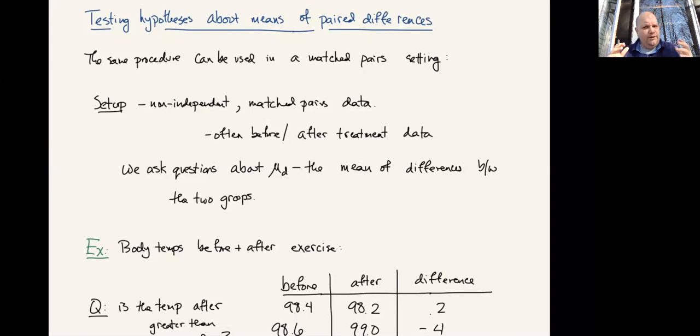All right, so we now have a procedure for doing a hypothesis test about a single population mean. We can use almost the same procedure to do a hypothesis test in a matched pairs setting. So the setup here is that we're dealing with matched pairs data, and often this will be before-after treatment type data.